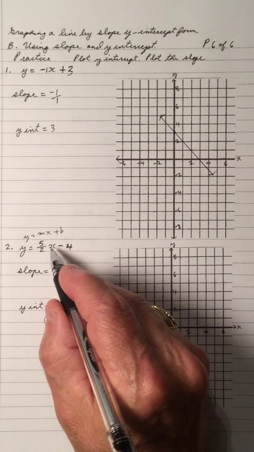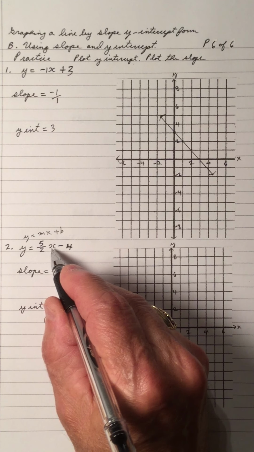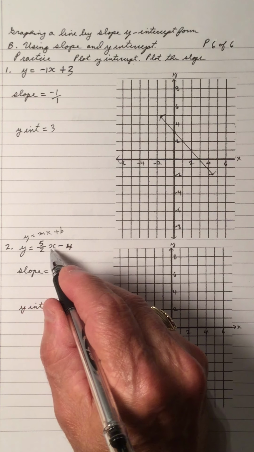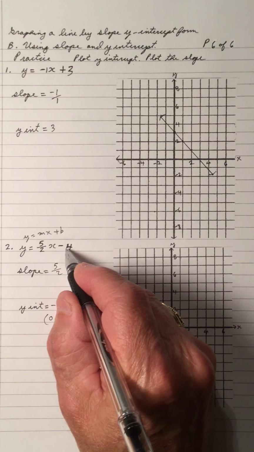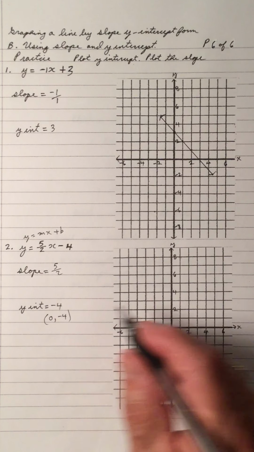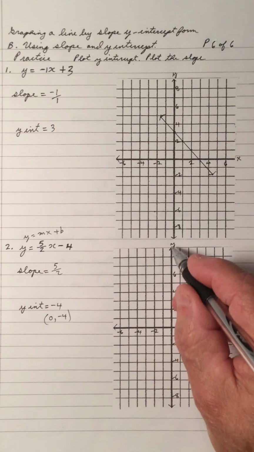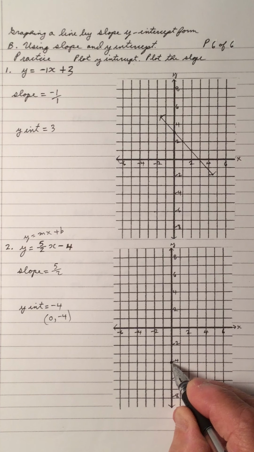And note, when you let x equal 0, y automatically becomes negative 4. So the y-intercept is negative 4, and there's the y-axis. Negative 4 on the y-axis is right there. So that's the point (0, negative 4).